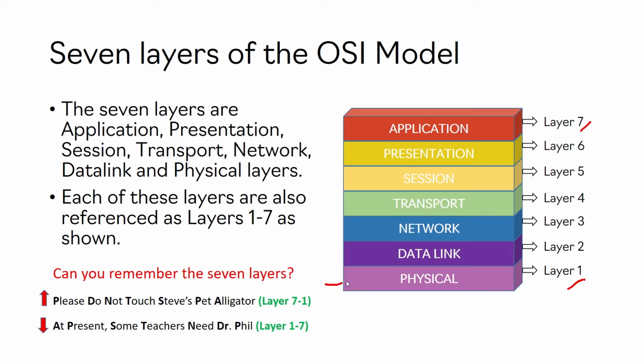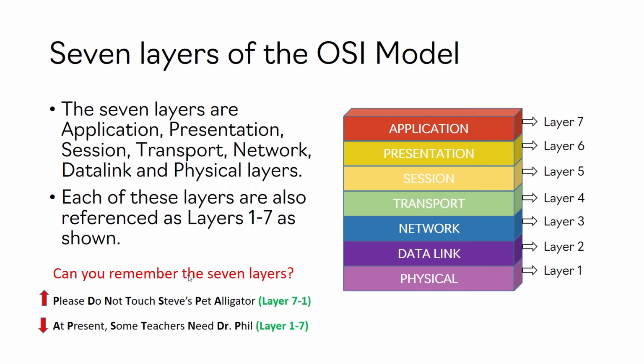There is the physical, data link, network, transport, session, presentation, and application. And each of these layers are referenced by the layer number. So from layer 1, which refers to the physical layer, all the way through to layer 7, which indicates the application layer.